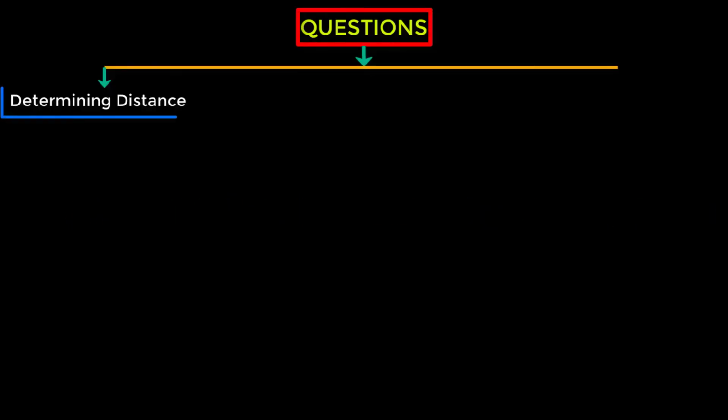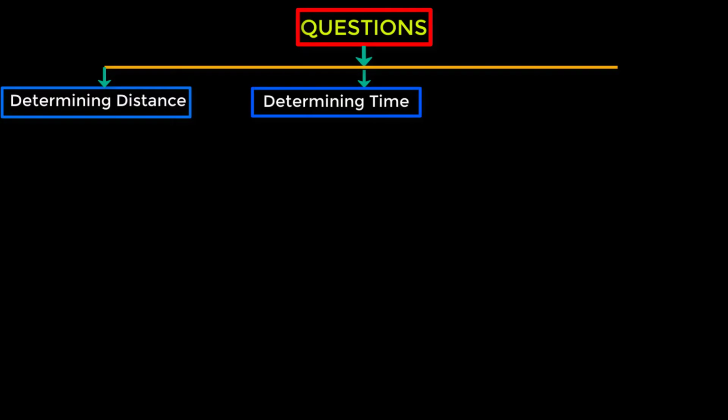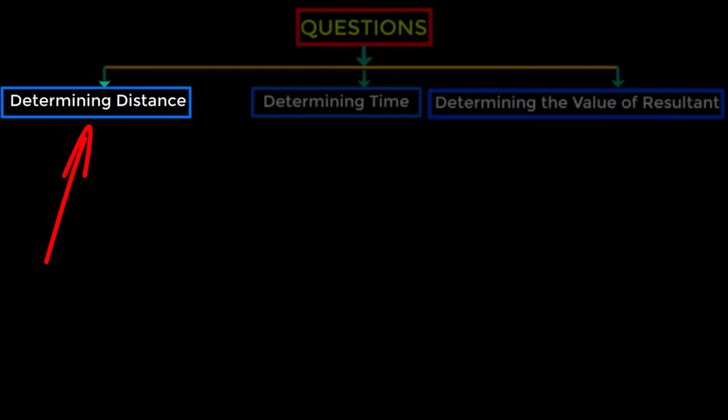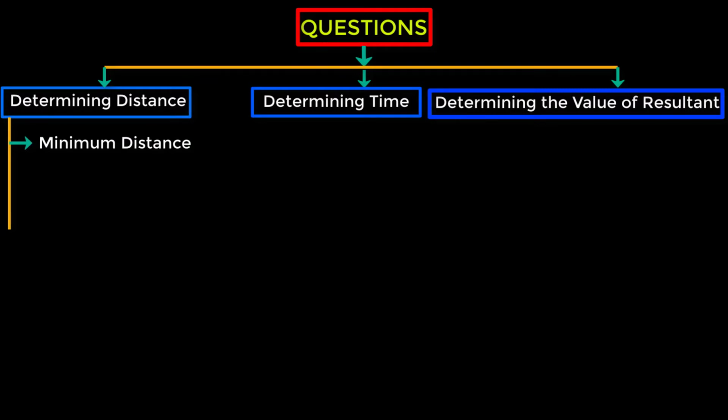Generally, we get three categories of questions on river boat problems in the exam: questions on determining distance, questions on determining time, and questions on determining the value of the resultant. Again, determining distance can be of three types: minimum distance, distance along bank, and other distances.